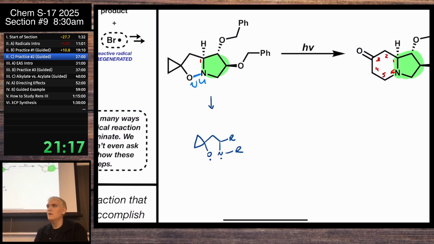Because that's still part of the molecule that stayed the same. So let me continue counting 2, 3. Now, it's unclear, like these have to be 4 and 5 somehow, but we don't know what order it is, correct? Does it matter, do you think, if we do 4, 5 or 4, 5? It doesn't matter, actually, because this is symmetric.